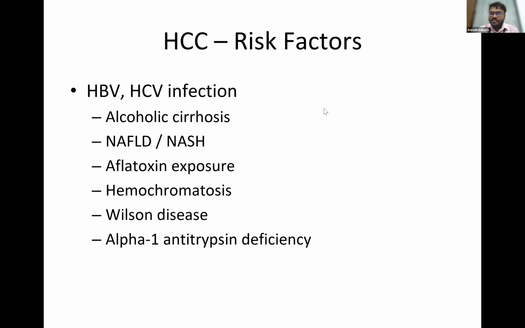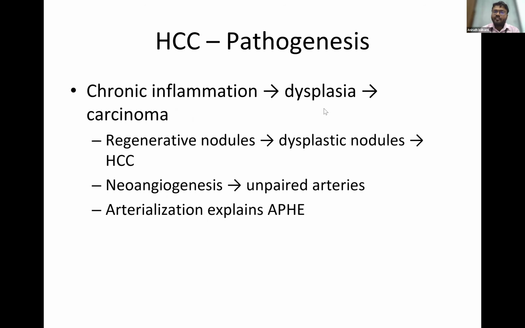The other HCC risk factors are alcoholic cirrhosis, NASH, aflatoxin, hemochromatosis, like we have seen in the case before, Wilson disease, and alpha-1 antitrypsin disease. You should understand how it progresses. First there will be a regenerative nodule, then it becomes dysplastic, then it becomes HCC. A regenerative nodule will have portal vein supply.